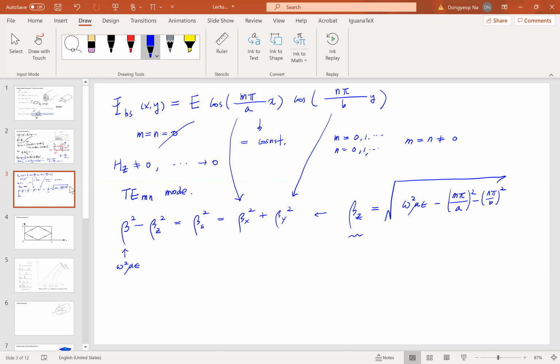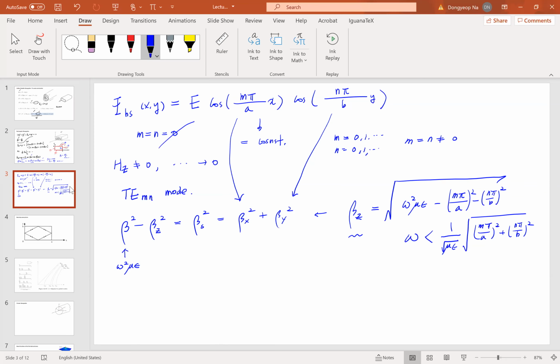So we can know that if omega is less than 1 over square root of mu epsilon times the square root of m pi over a squared plus n pi over b squared, then the inside of the square root is going to be a negative value.